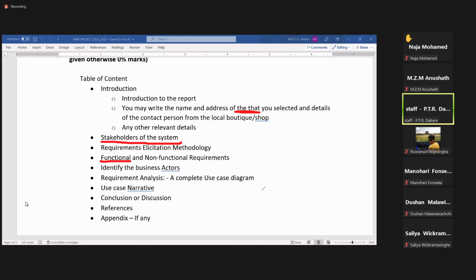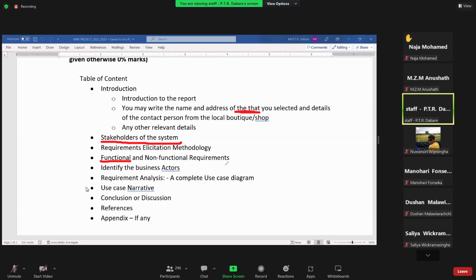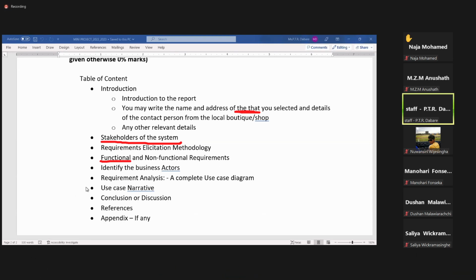A non-functional requirement would be that the system should respond within 1 minute. There can be many things; one functional or one non-functional requirement is not enough. When you study the system, you will understand.